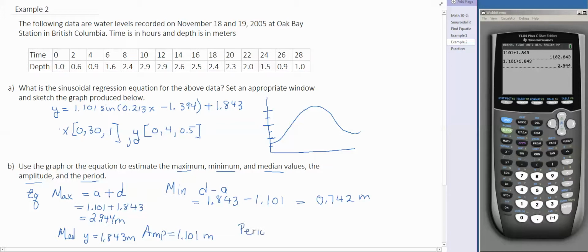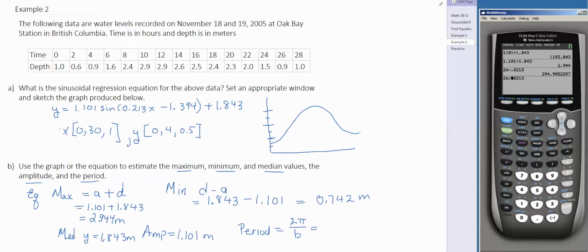And our period. Remember, we can calculate the period by taking 2 pi and dividing it by b. So 2 times pi divided by b, which is 0.213. Notice I have an extra decimal place in front there, so let's just fix that.